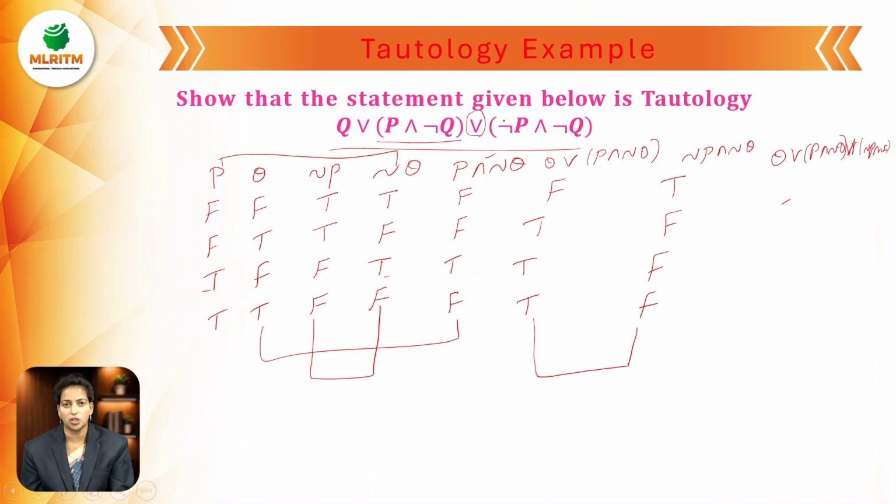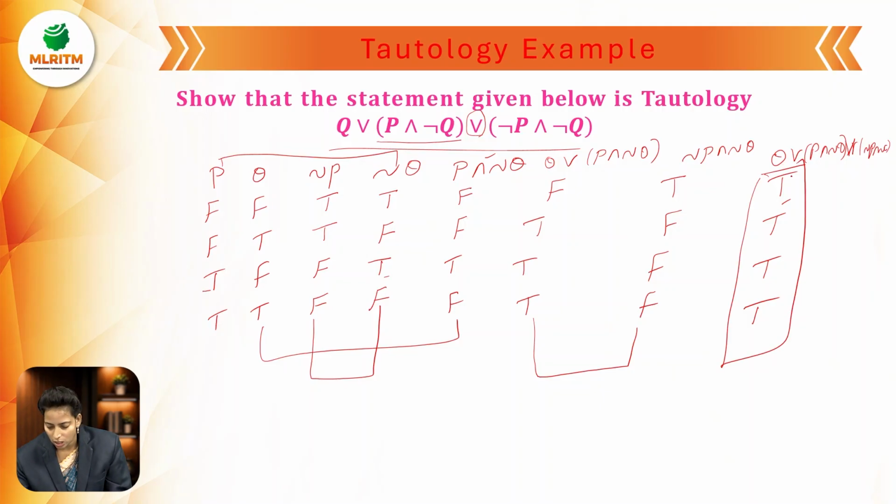The disjunction truth table says if both are false then the result is false, otherwise true. In any case, both are never false, so it becomes true only. Observe the last column. Is there any false in the compound proposition? No. A compound proposition in which all are true is called a tautology. Therefore it is a tautology.